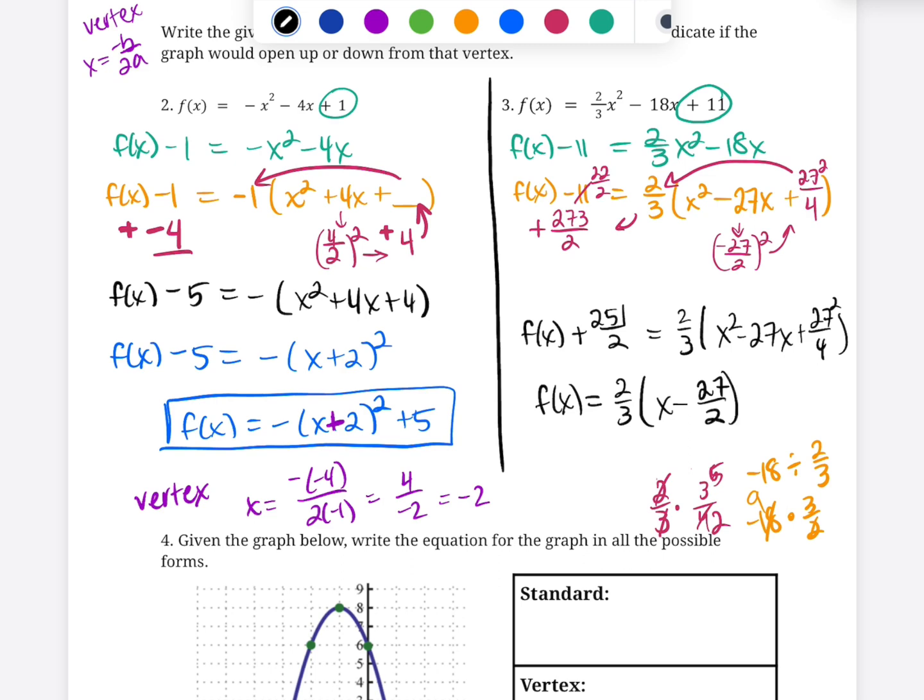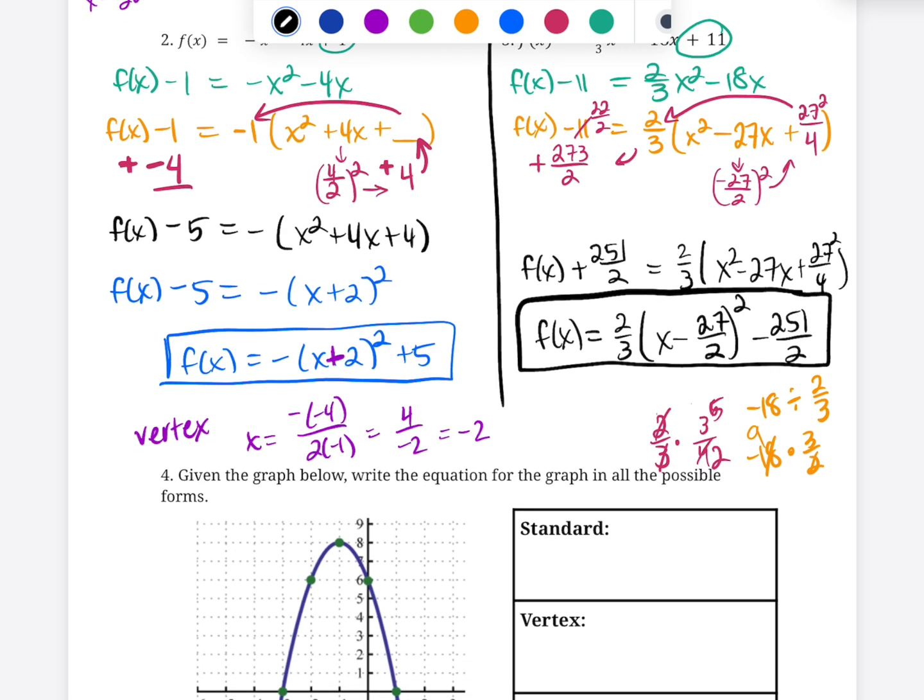That's the h value. And then our k value is negative 251 over 2. I know, not super pretty. You're probably like, I wouldn't have really wanted to graph this quadratic, and I can understand that. But that's what our final product would be. Okay, or I should say our final vertex form would be.